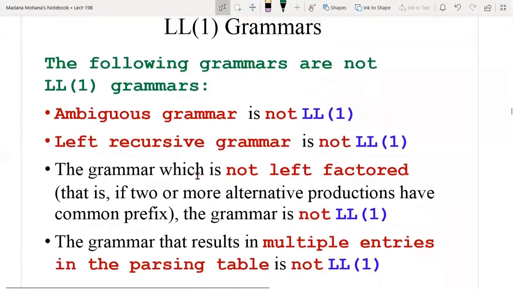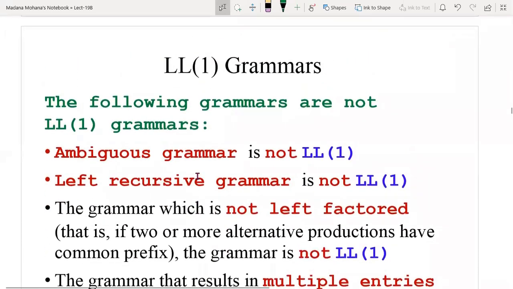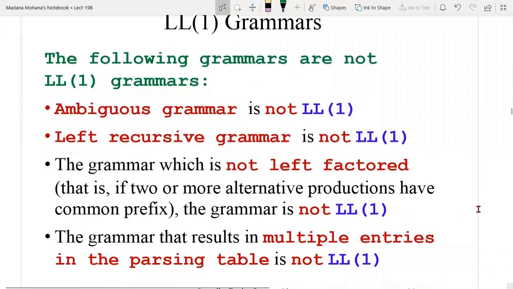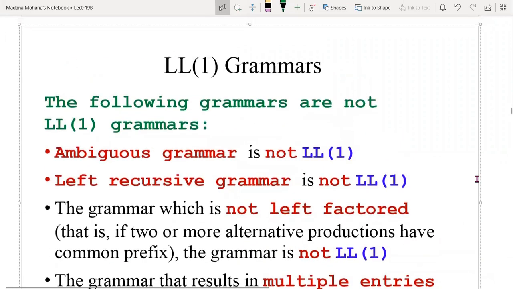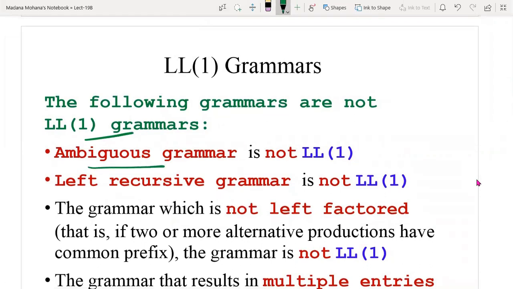So now some of the following grammars are not LL1 grammars. What types of grammars are not LL1? Any ambiguous grammar is not LL1, which we already discussed. In a predictive parser, ambiguity is not allowed. Then a left recursive grammar is not LL1.